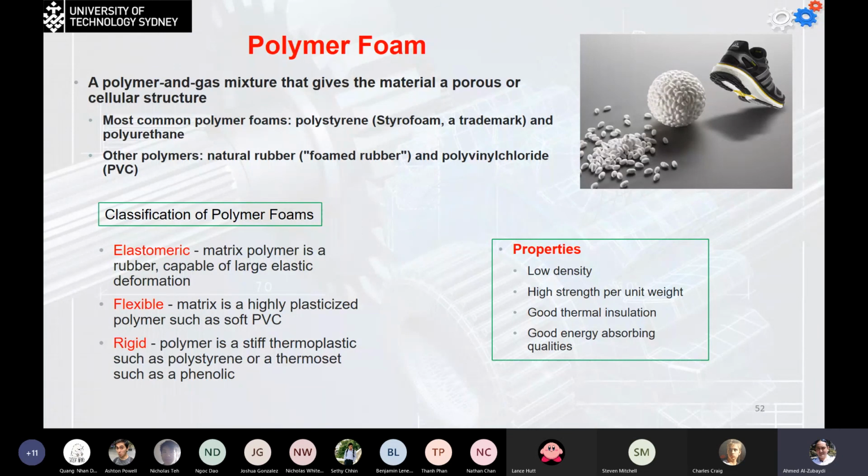The classification of polymer foams is elastomeric, flexible, and rigid. The properties are very low density, high strength per unit weight, good thermal insulation, and good energy absorbing qualities, and that's why they use it for sport shoes.